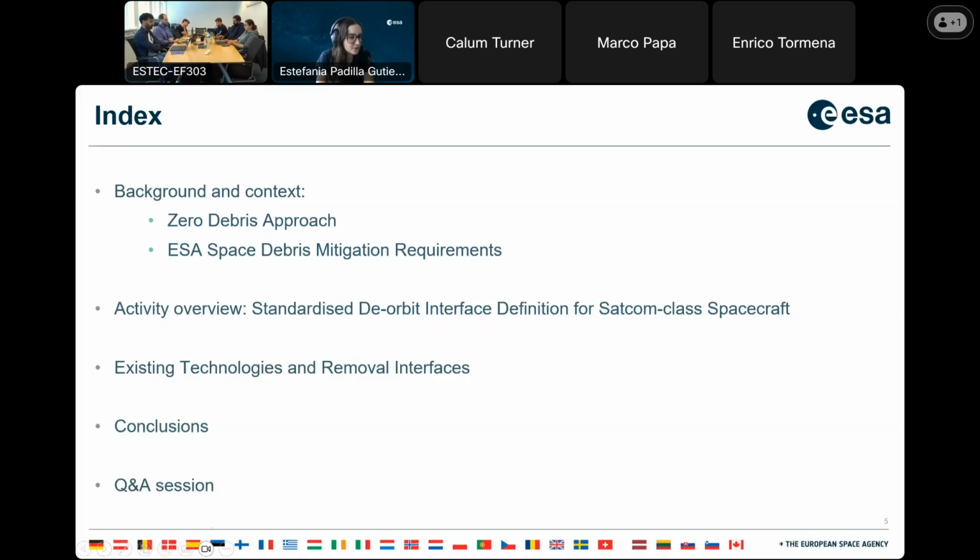Just before starting with the context of the webinar, here is an index of the content. We will start with the background and the context. We will talk about the zero debris approach and the ESA space debris mitigation requirements. Then we will move to the activity overview itself.